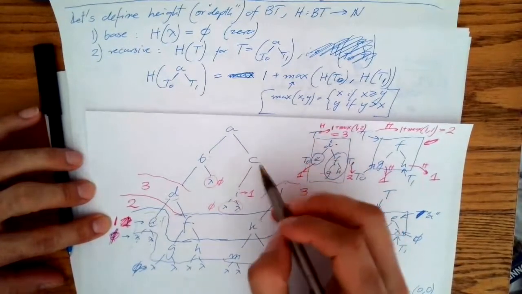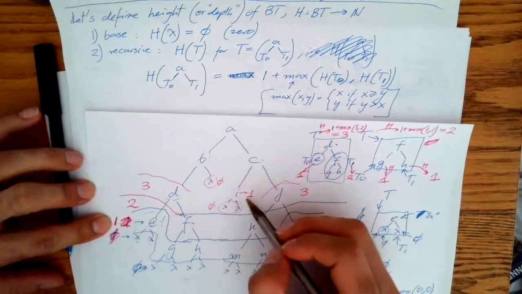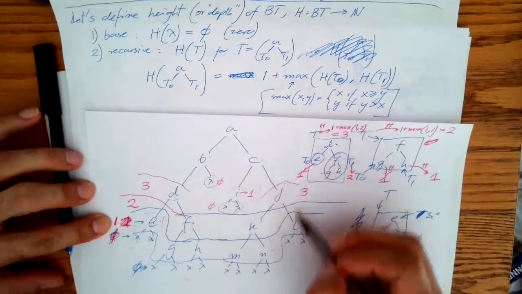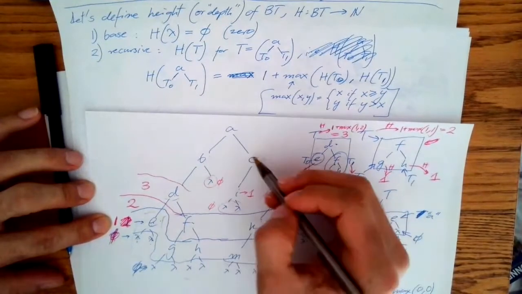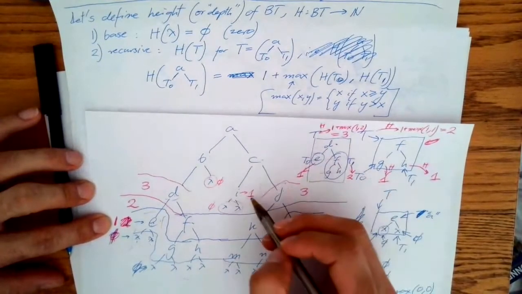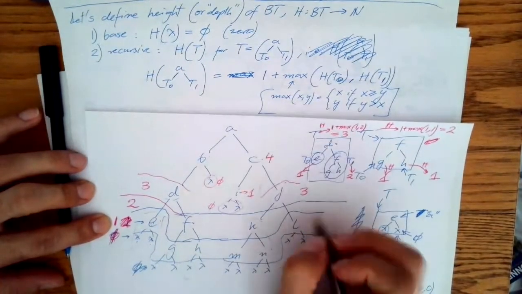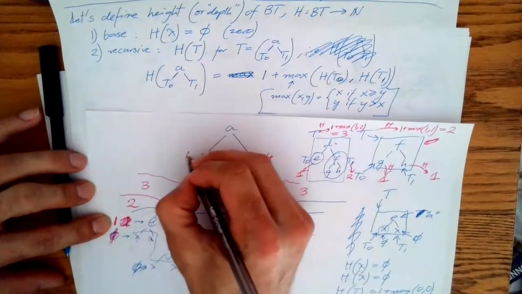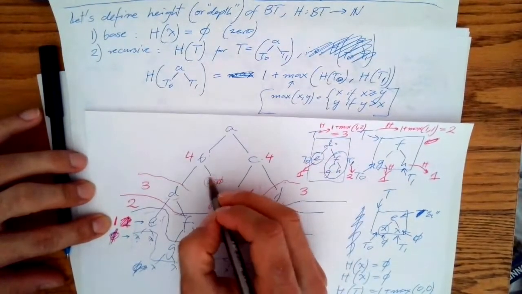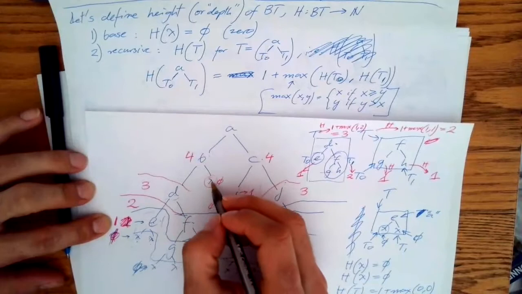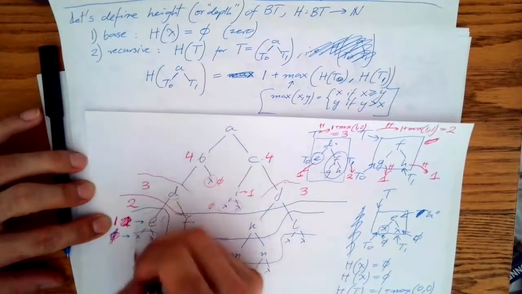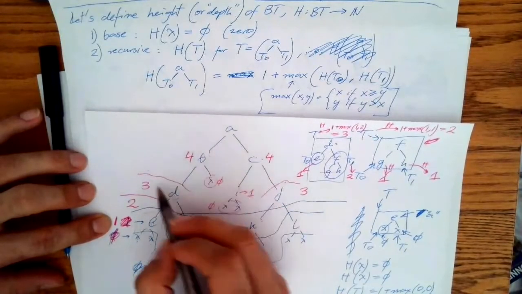And here, T0 has height 1 and T1 has height 3. So here it is 1 plus the max of 1 and 3, which is 3. So this one will get height 4. This one also will get height 4. His T1 has height 0, but T0 has height 3.